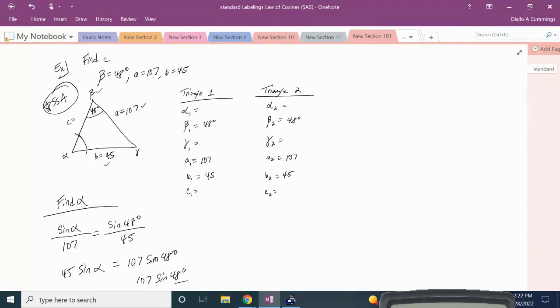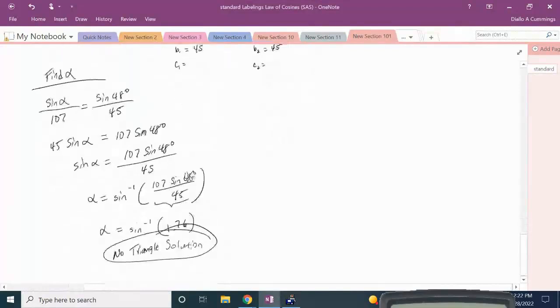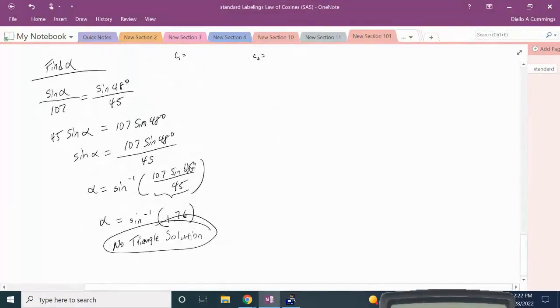Then we went back to triangle 1 and we were finding the angle measure using the law of sines. In this case, we were finding alpha. But when we went through the process and set up the law of sines, we found that the triangle does not exist. So when you're doing problem number 10, I don't want you to think you're putting something into your calculator wrong. All right, it's possible to have a no triangle solution.